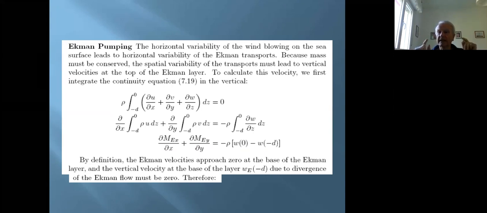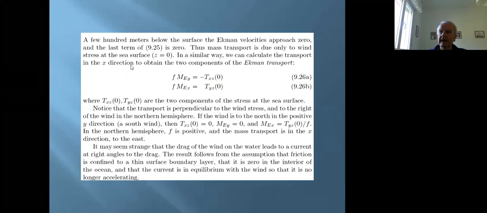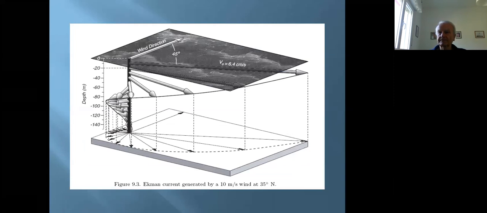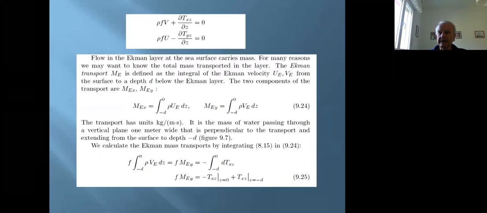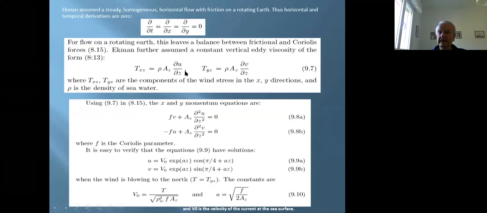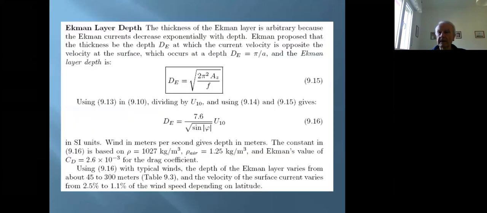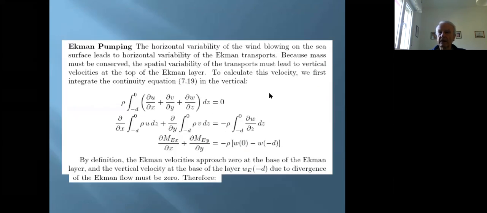Because we have seen that the Ekman transport is proportional to the friction, and the friction is this thing here. So the wind blowing on the sea surface leads to horizontal variability of the Ekman transport.